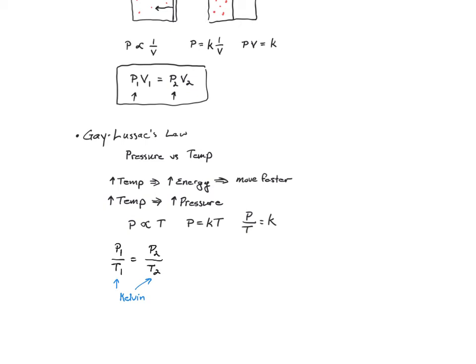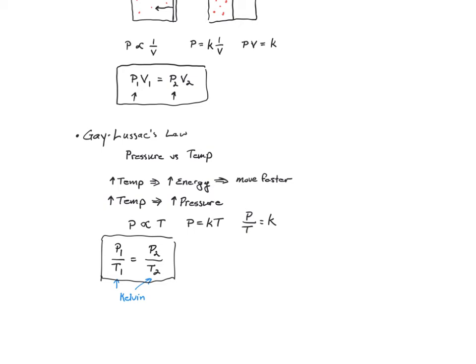Okay, now before we get to the next law, one important thing that I want to mention here is that when we're looking at these two gas laws that I've just shown you, we have Gay-Lussac's law and Boyle's Law. In Boyle's Law, we talk about pressure and volume, but we're making an important assumption when we use this equation.